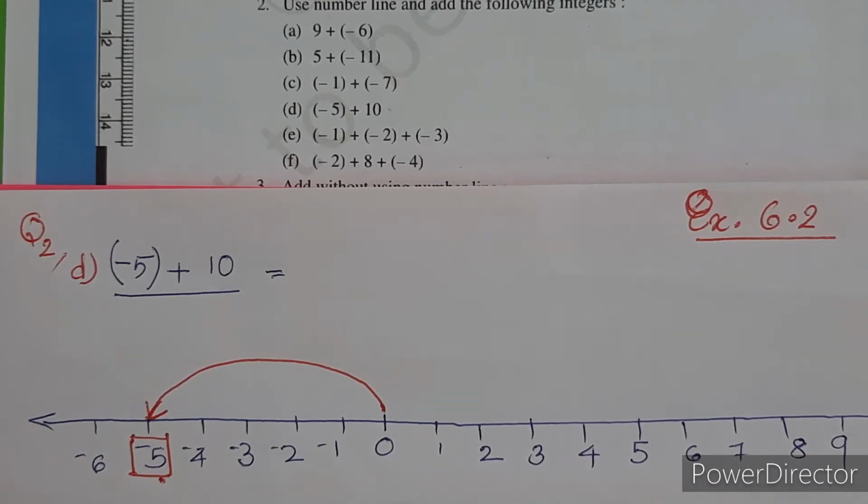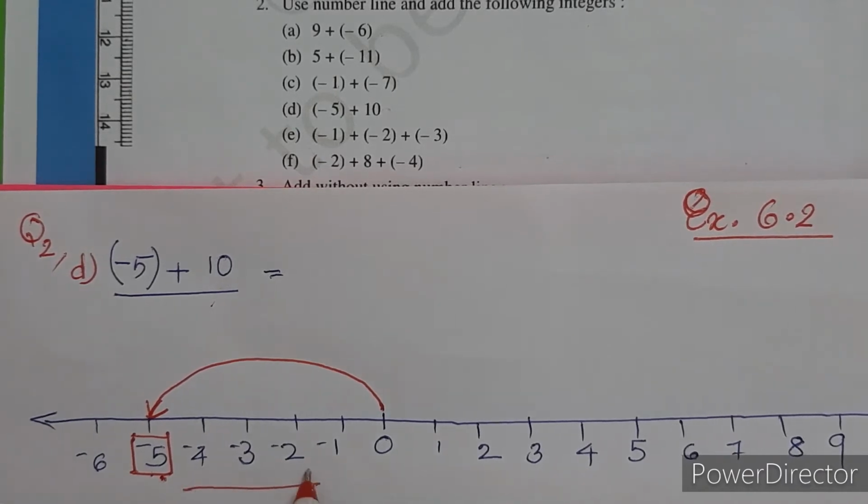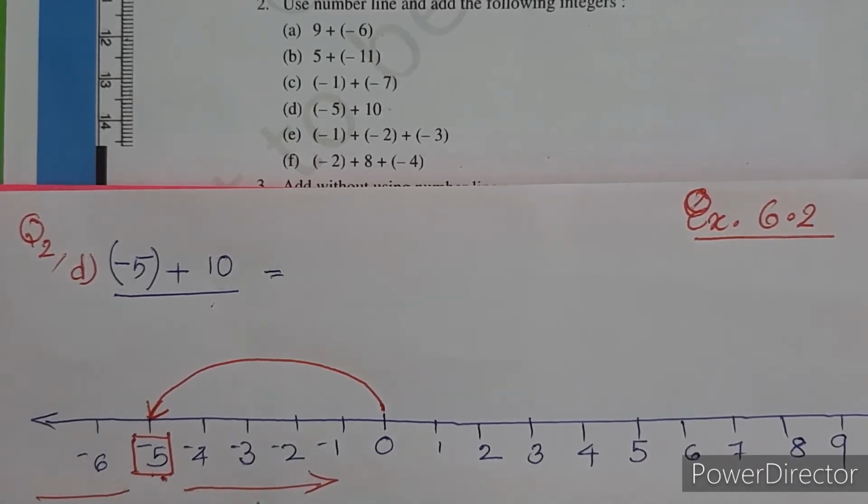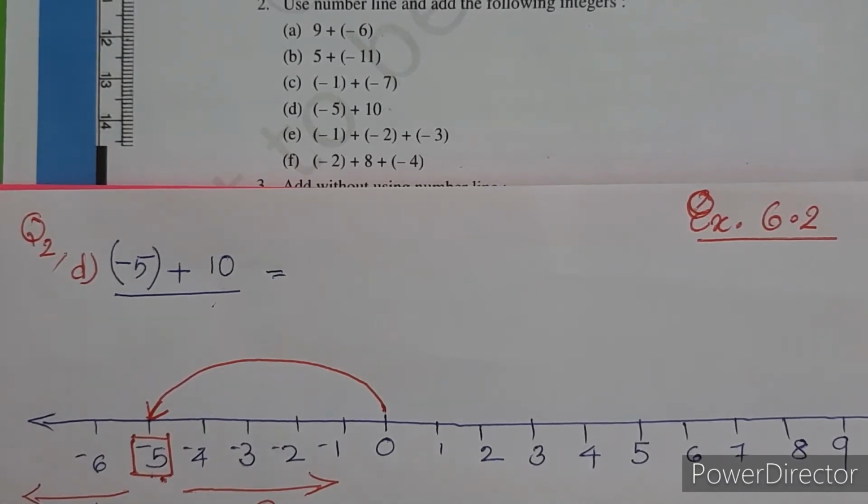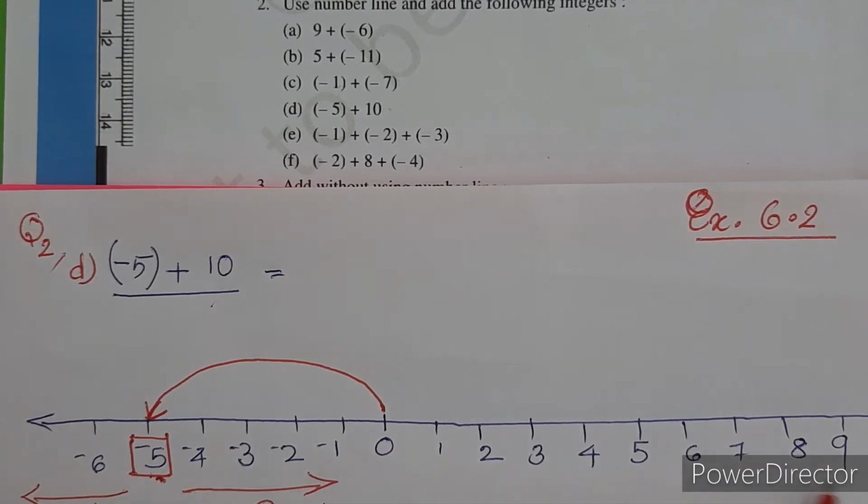Okay, so this is a positive integer, so we can move only in the right direction from the starting point. This minus 5 is the starting point, so this is the right direction, and this is the left direction of a starting point. Okay, so which direction we can move from minus 5? So we can move in the right direction because the second digit is a positive integer, that is 10.